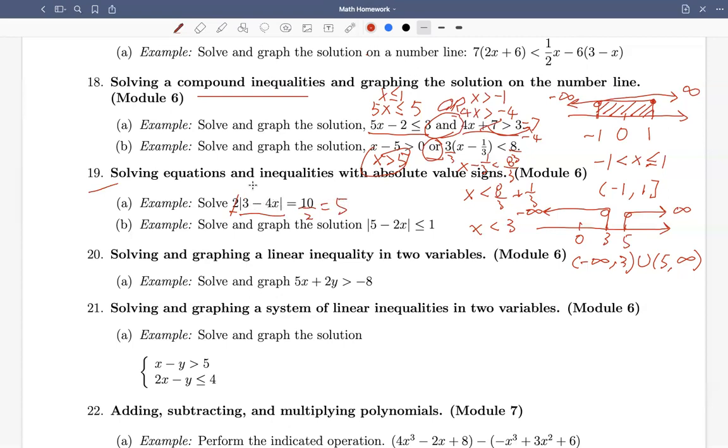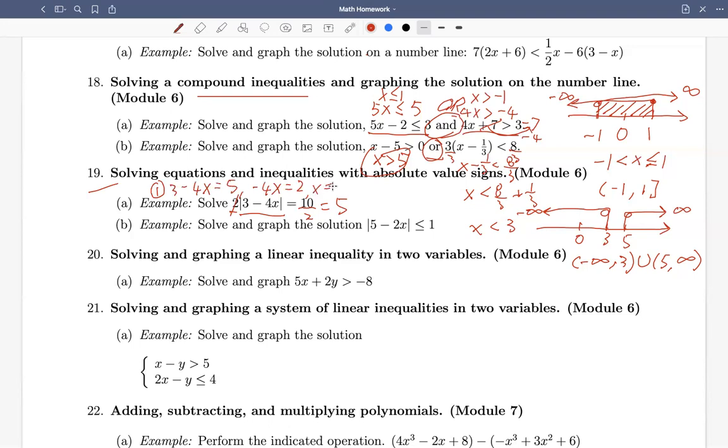So there are 2 cases, where the absolute value means the inside can be positive or can be negative. So we always have 2 solutions, unless it's 0. Let's see this one. Case 1 is 3 minus 4x is positive, which means it's equal to positive 5. So we solve for this. We have negative 4x equals 5 minus 3, which is 2.